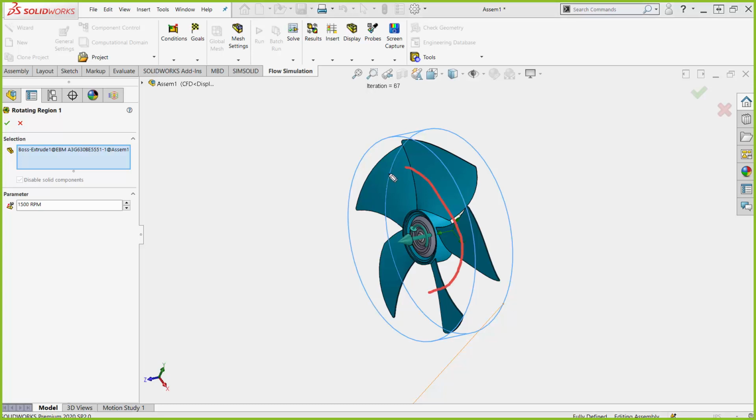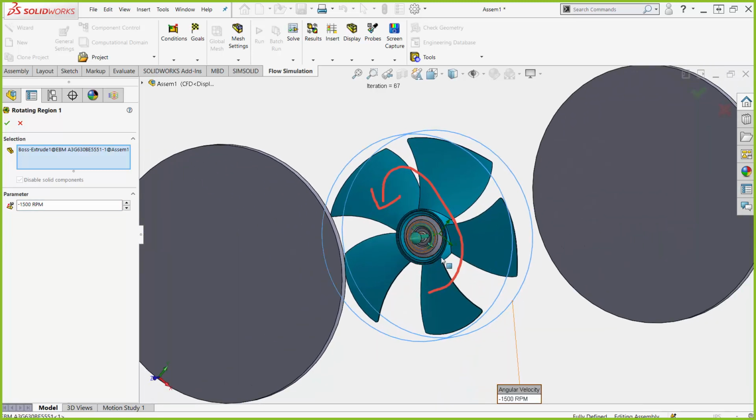So in this case right now it's rotating like this. And of course the way that I drive that is with positive and negative symbols in the angular velocity. So for example, if I switch that to negative, you can see that rotation arrow change direction.